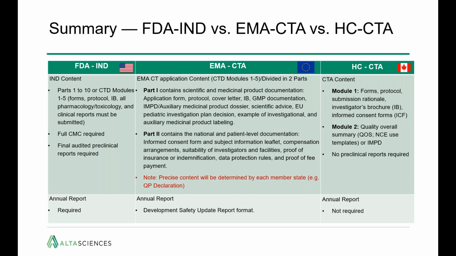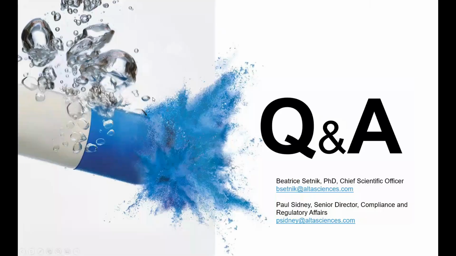So hopefully that overview has provided a chronological step-by-step process. I admit it is quite high level, and more than willing to address any detailed questions you may have. Thank you very much.